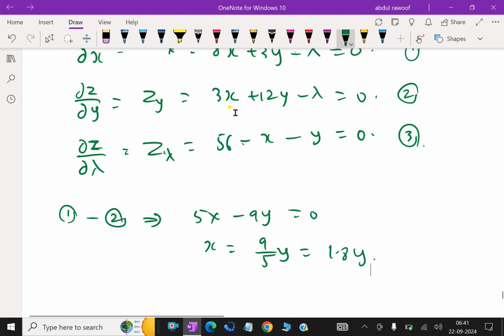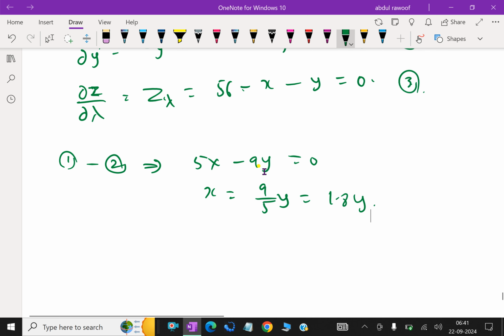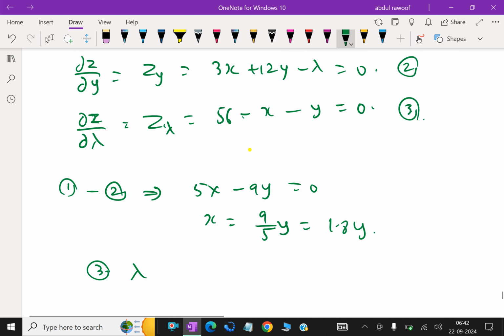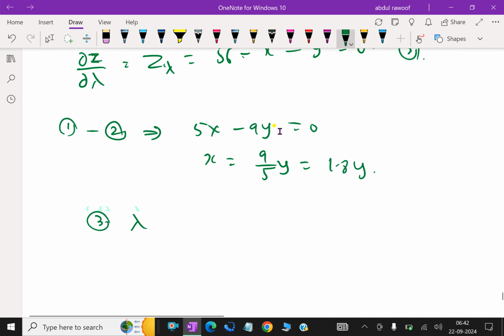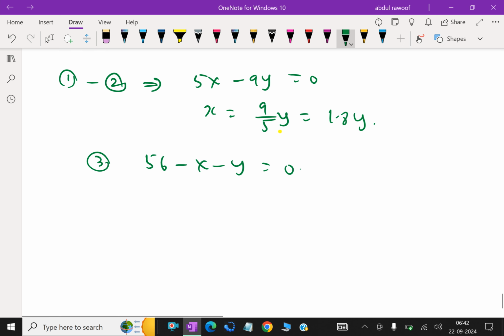Substitute in any equation. We can substitute in equation 3, which gives 56 minus x minus y equals 0. Then 56 minus 1.8y minus y equals 0.